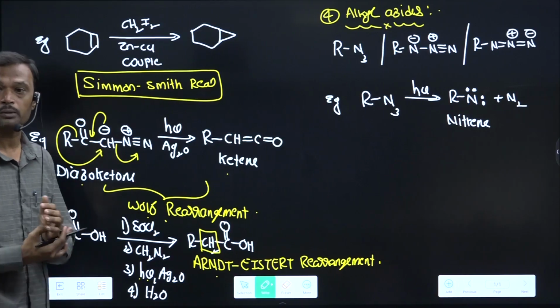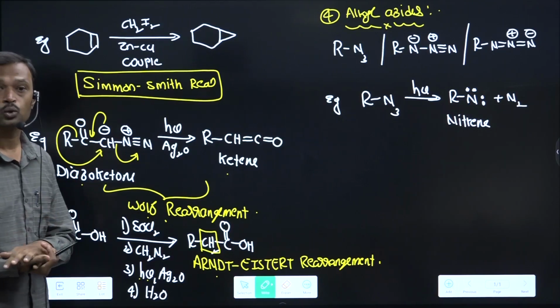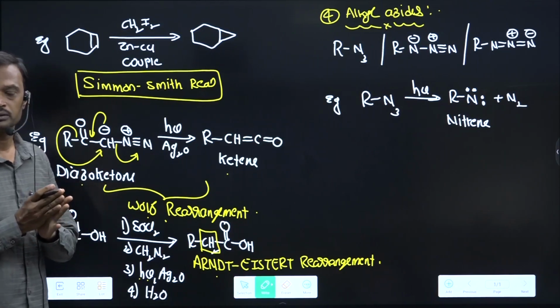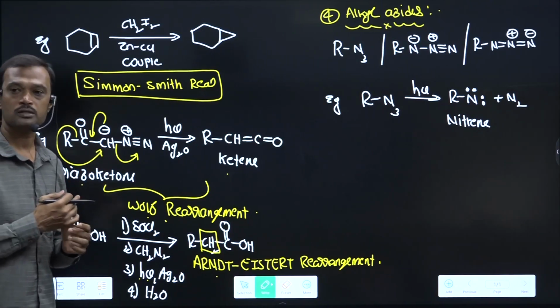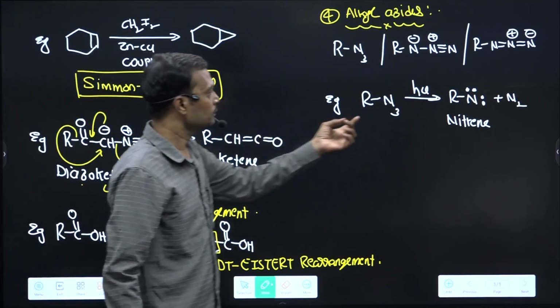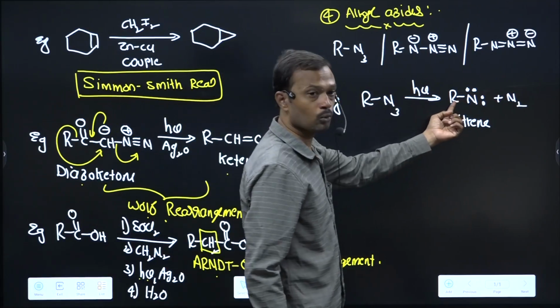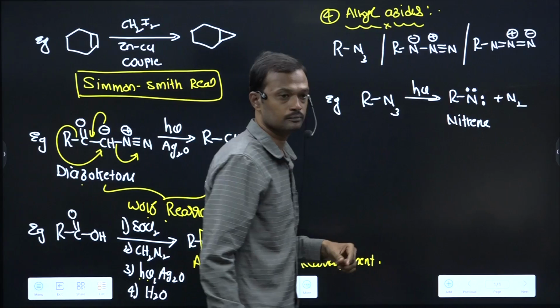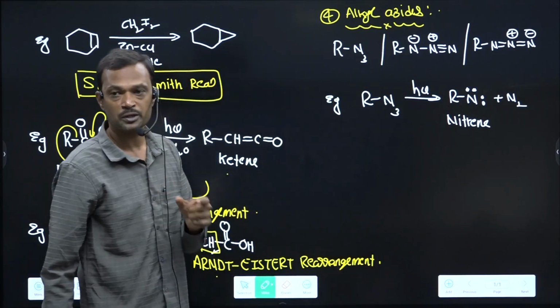What is the valence of carbene? 2. What is the valence of nitrogen? 3. Nitrogen valency 3. Carbon 4. Here nitrene valency 1. Monovalent nitrogen electron deficient species, that is called nitrene. Carbon divalent deficient species is carbene.